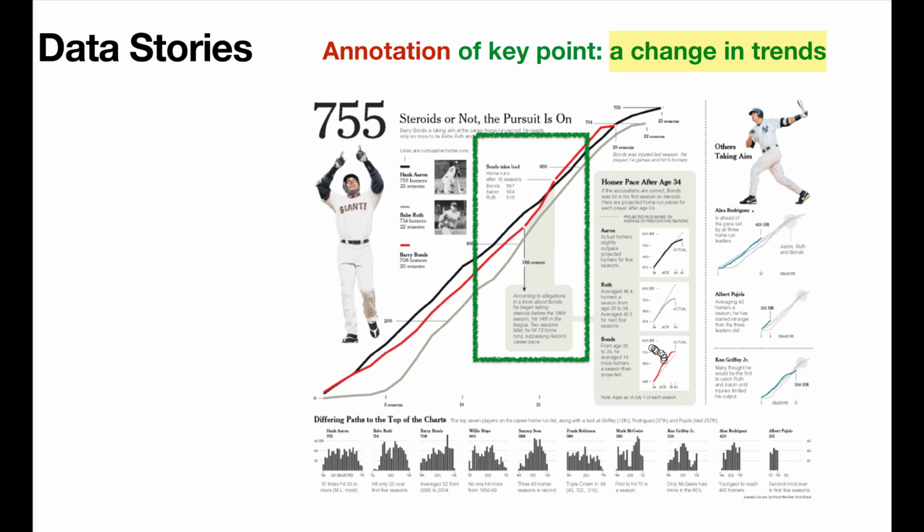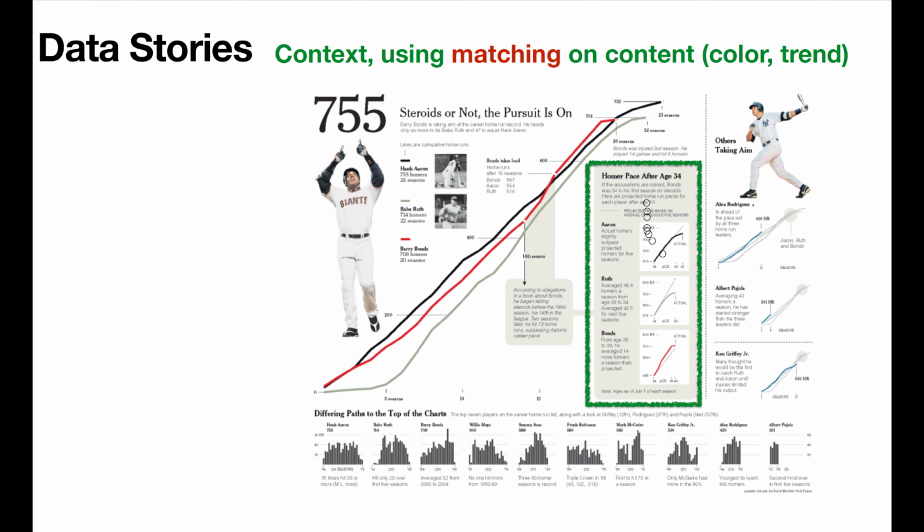Okay, and so you can see in this focused in display of this portion of Bonds' career that suddenly his production of home runs actually increased, even though he was at the 14th season of his career. Okay.